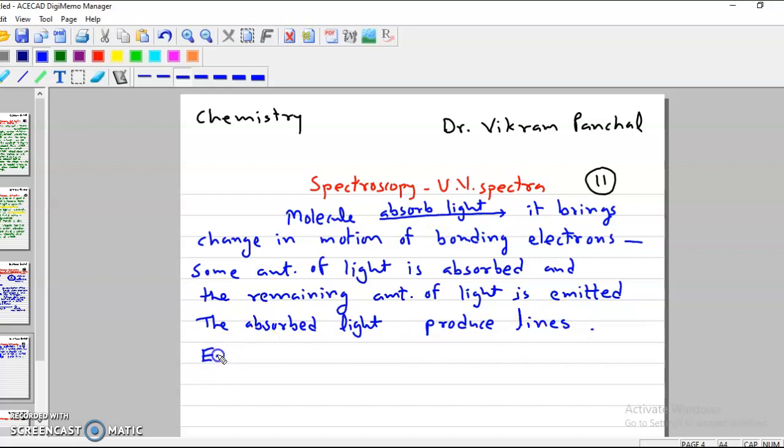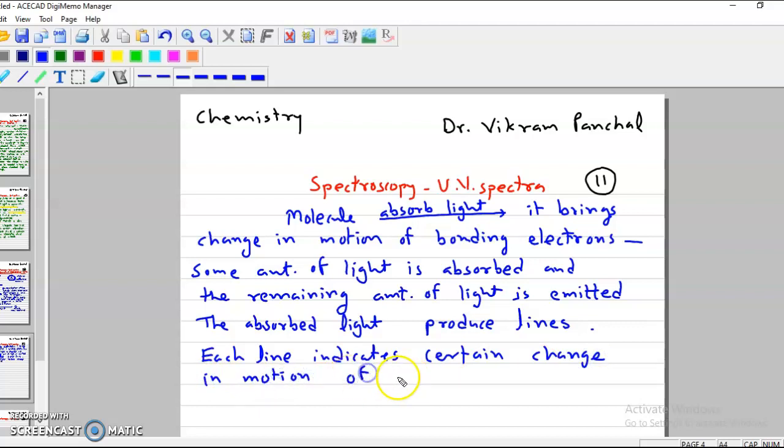Each line indicates a certain change in motion of electrons.